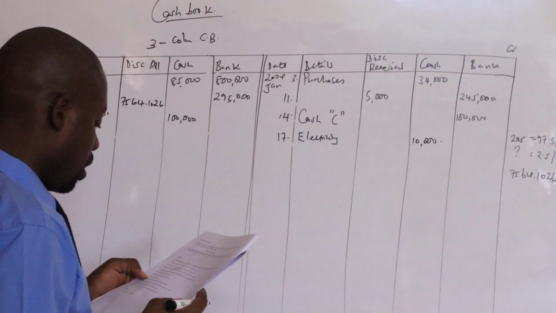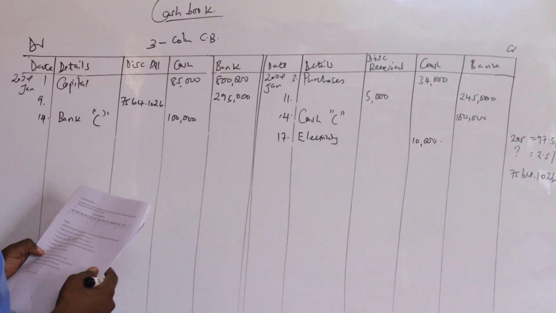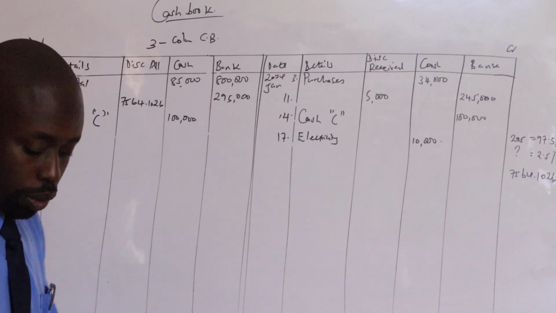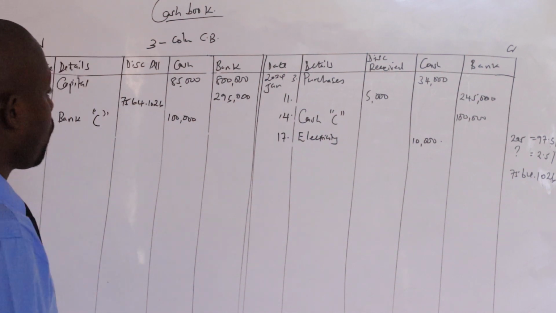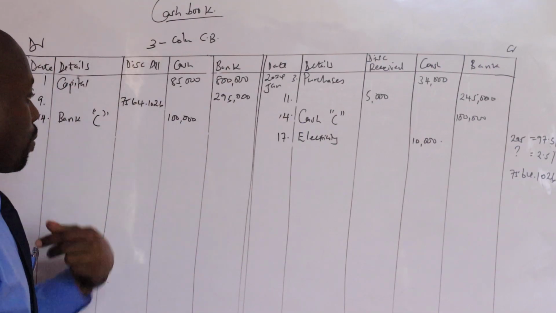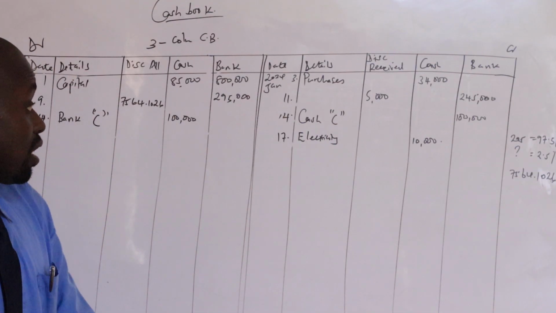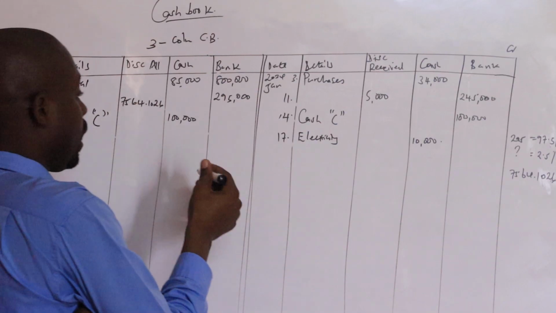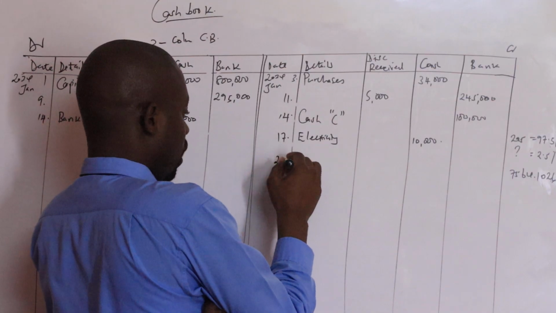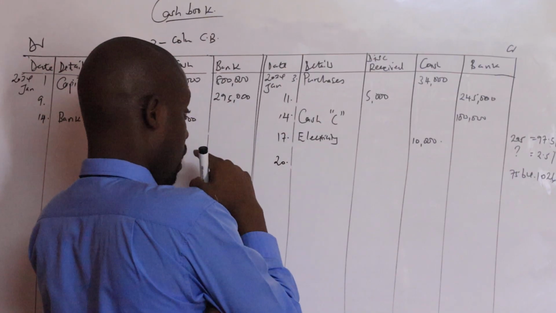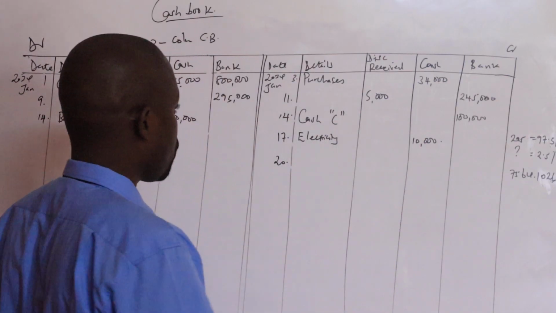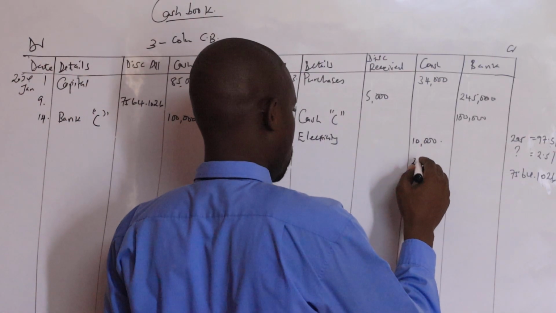Next, on 20th, deposited 25,000. Where is this money coming from? We must show where the money is coming from. It's coming from the cash till. Then we go and put it in our bank account. That is what the statement implies. So we do that on the credit side on 20th. First of all, we get the money from the cash till at our business. We come to our cash till and take an amount of 25,000.